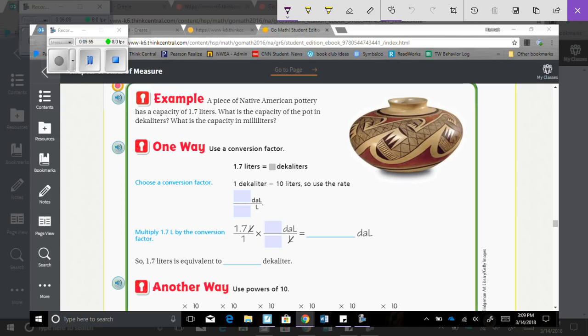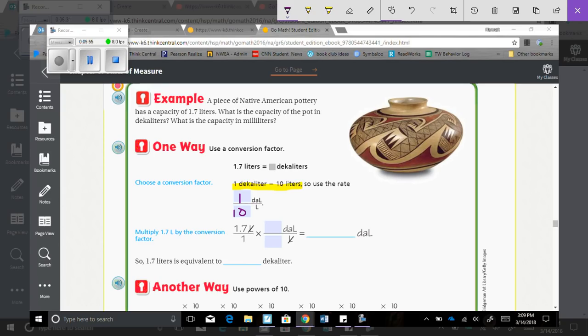This is a two-part question. Okay, so we can use a conversion factor. Choose a conversion factor. So we know that 1 deciliter equals 10 liters. So we can use the rate 1 deciliter over 10 liters. We're going to multiply the 1 7/10 liters by the conversion factor.